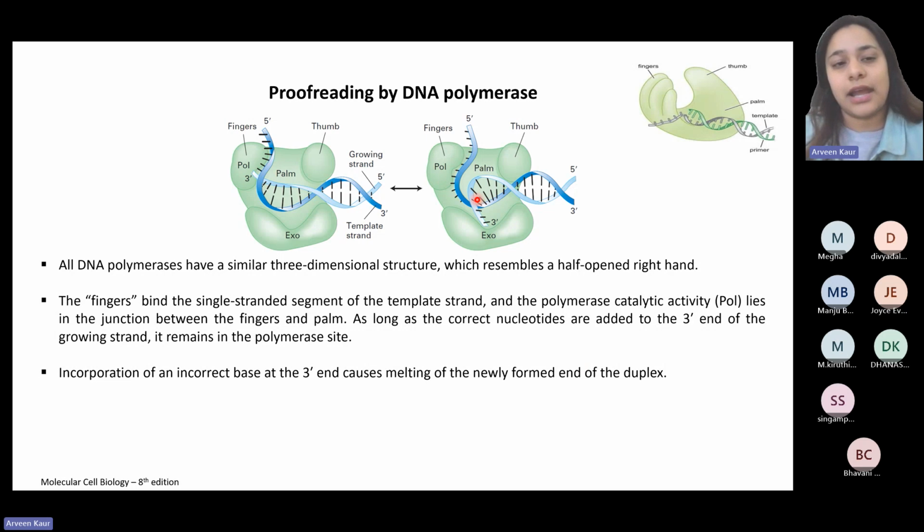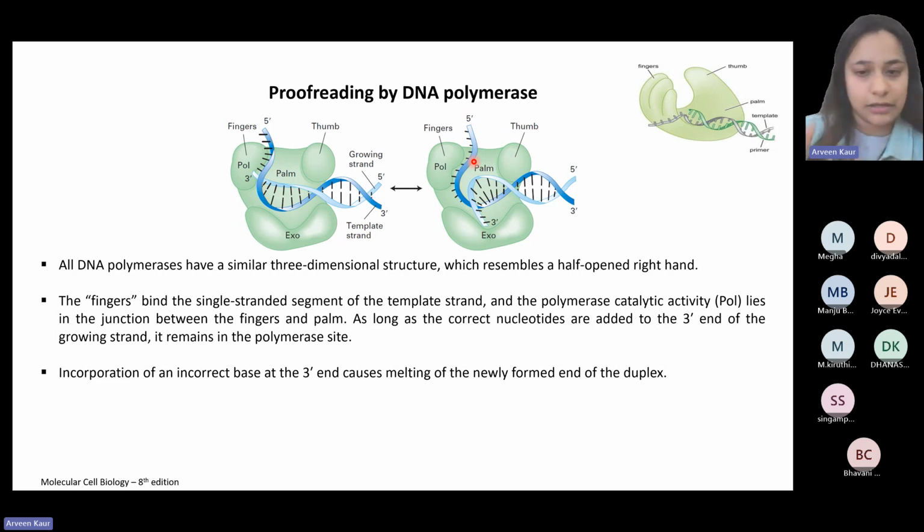How will this melting occur? I told you when we were talking about hydrogen bond formation that since an incorrect base was being added over here, it will not be able to form a hydrogen bond correctly with what was already present on the template strand, because it is probably not complementary to that particular base pair.